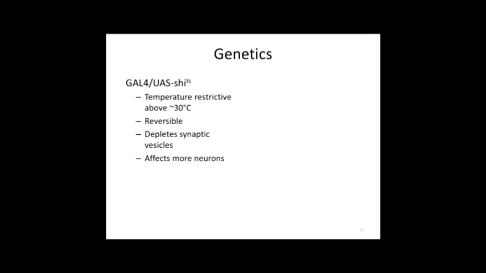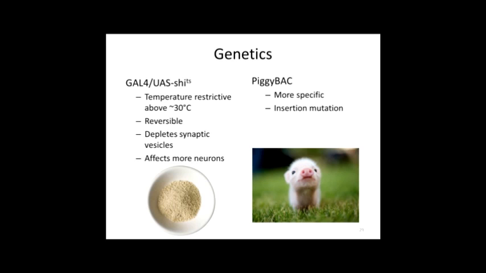Approaching this from a genetic standpoint versus the pharmacological standpoint allows for different parts of the picture to be combined into one. I used 2 different systems to investigate the genetics, the GAL4-UAS system and the piggyBac system. The GAL4 system, which I'll explain more in depth in a second, is expressing the Shibire temperature-sensitive gene.